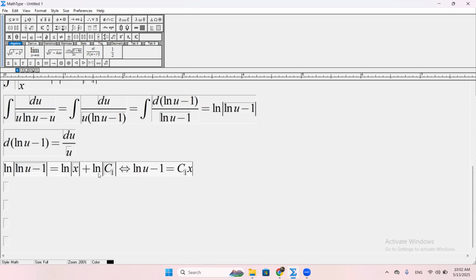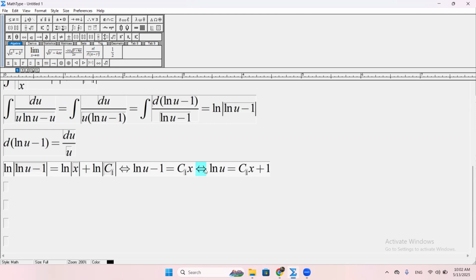So remembering the rule of the sum of logarithms, then logarithm u equals c1x plus 1.